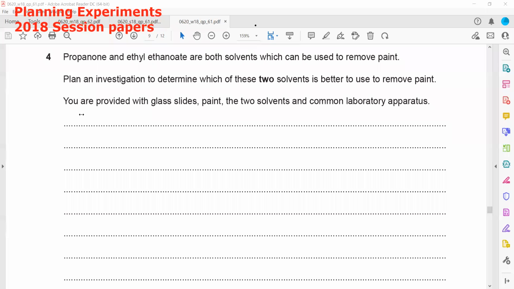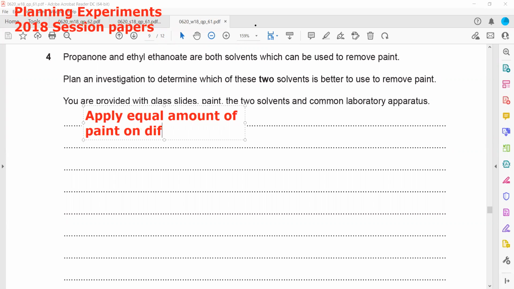So we'll apply paint on two different slides.